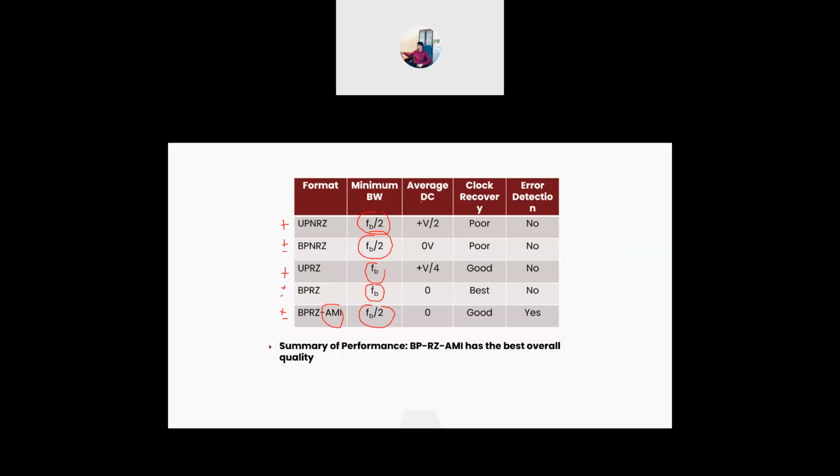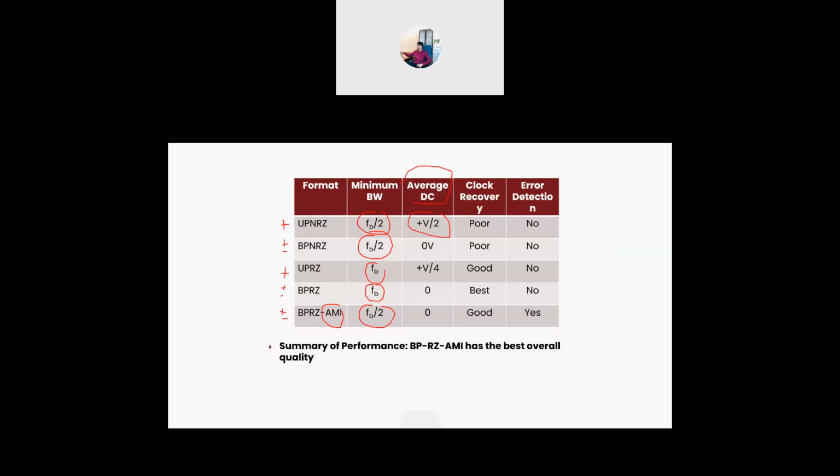So the average DC value for the unipolar NRZ is V over 2, because we're only going to use the positive level.